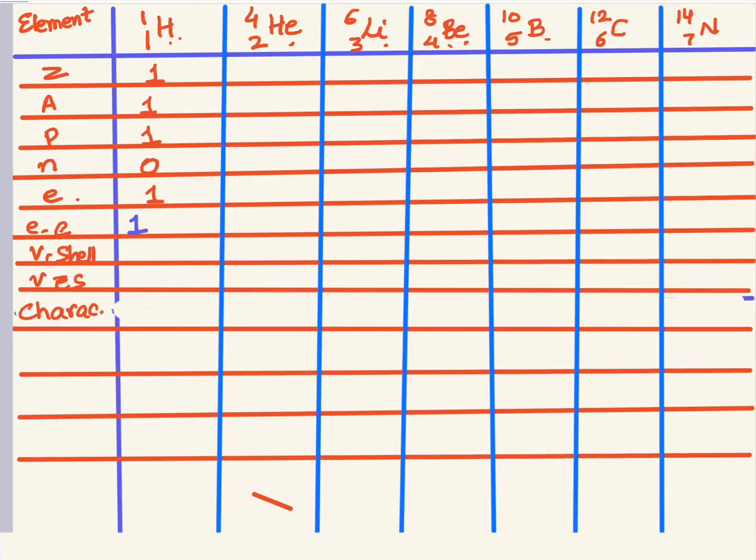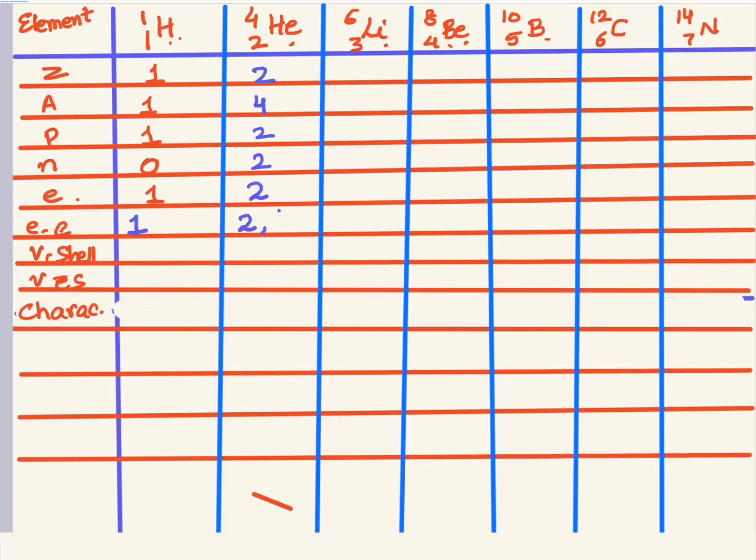Go on to helium. How many electrons are there in helium? Now here my chart is blank. I am sure that you would have completed this chart yesterday itself. Yes, when we talked about structure of atom according to the Bohr's concept. Now electronic configuration. There are 2 electrons. You arrange them? Very good.